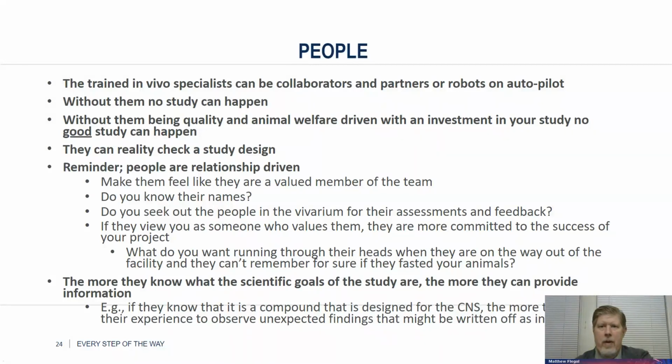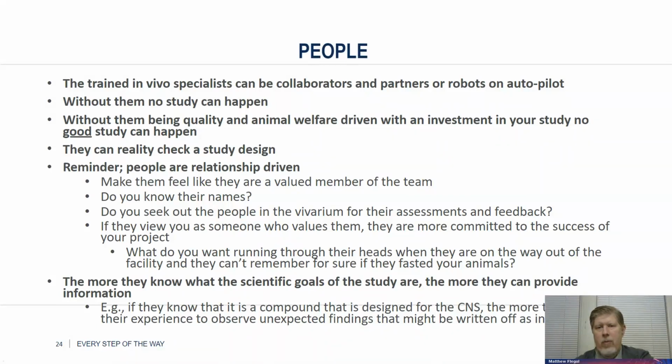I want them, whenever it's one of my studies, to think, you know what? That's the guy who brought us in donuts on the first day of the study. That's the person who asks me what I think. That's the person who makes me feel valued. You know what? I'm sure I did it, but I'm going to turn around and go check.